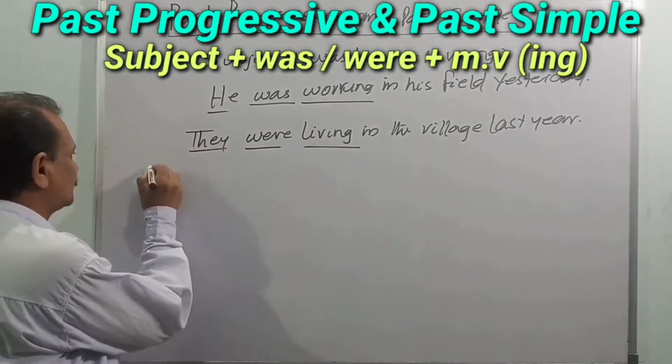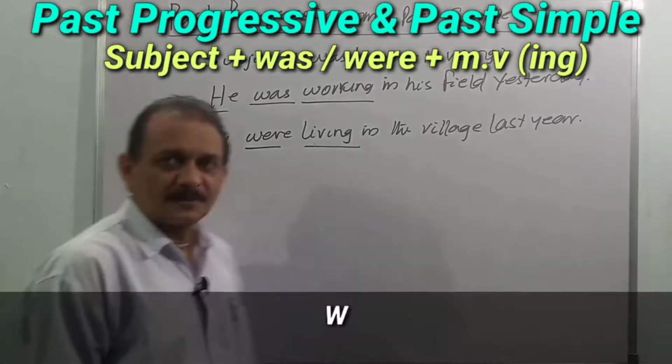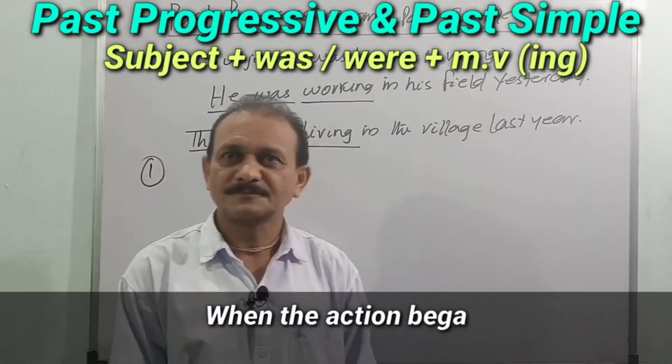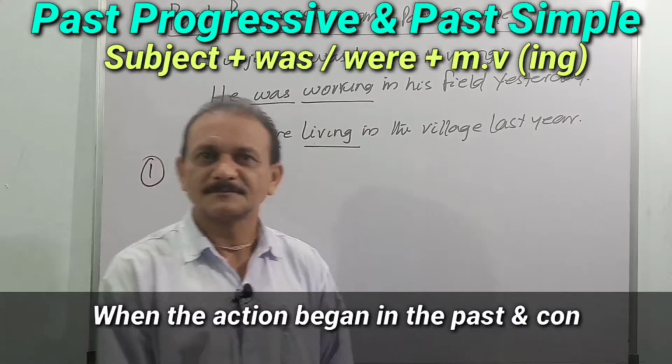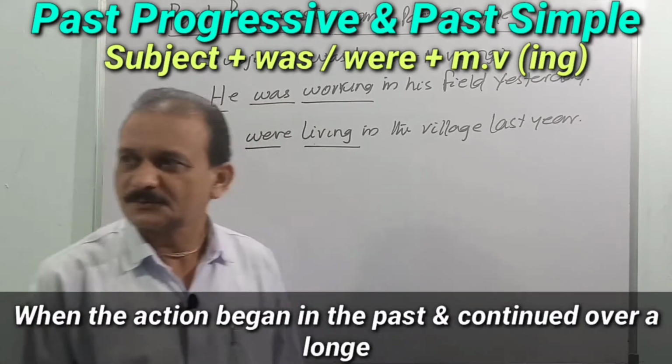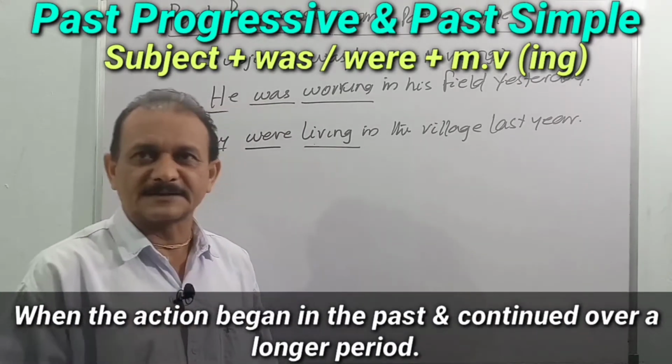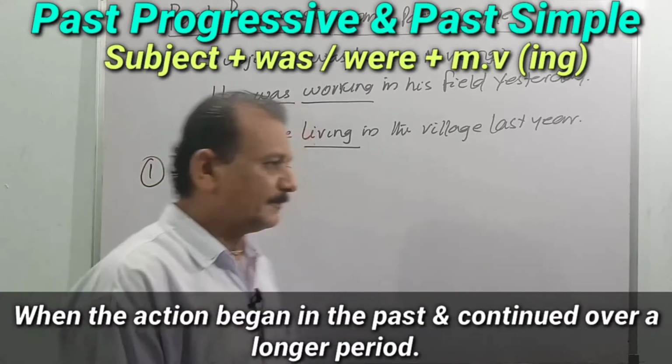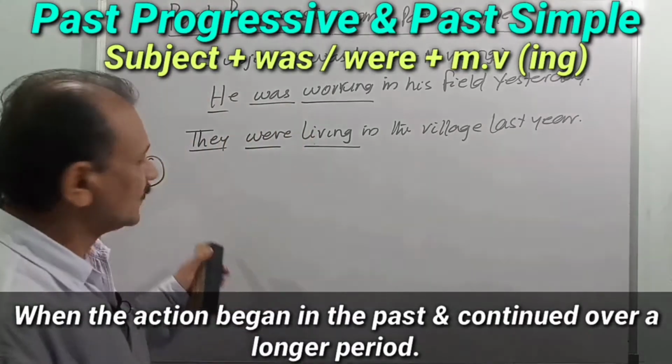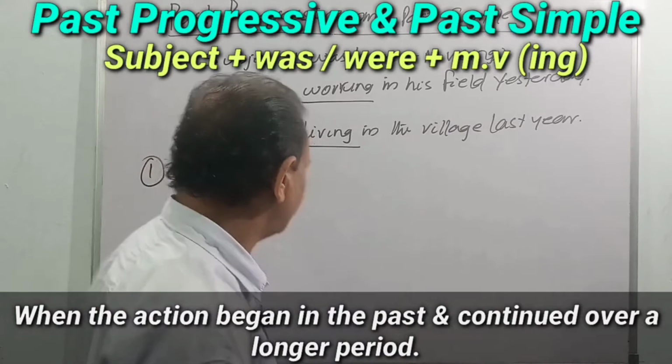The first rule. When the action began in the past and continued over a longer time or a longer period, in this place we use past progressive.